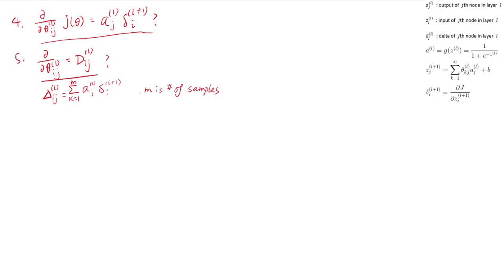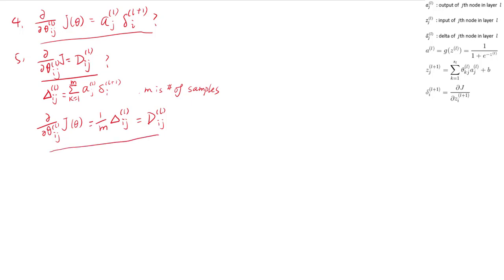So to get the partial J over partial theta ijl, sorry, I missed the J here, these need to be divided by m to get the mean value, the average over all the samples. That's why we have this equation here.